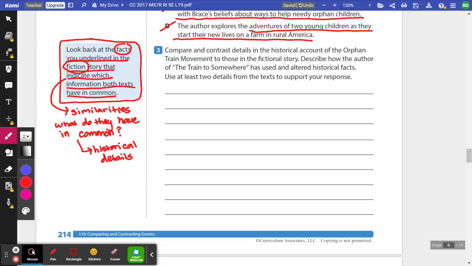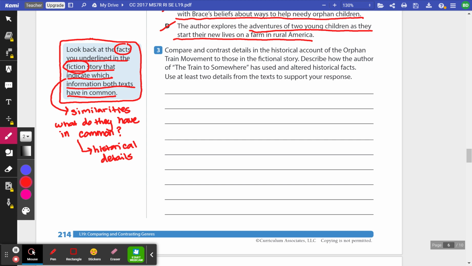So I know if I'm thinking about the similarities between a historical account and a historical fiction story, for the most part what they're going to have in common are those historical details. So those important historical people, the dates, the events, the facts, all of those things are details that they will have in common. So you're going to have to go back and look at the fiction story and see what we underlined that it has in common with the historical account.